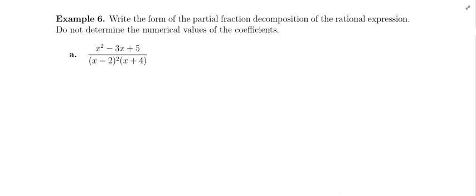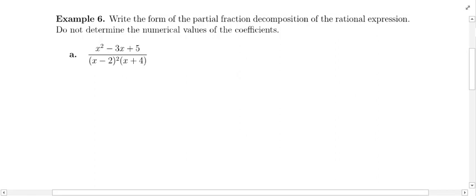In part A, we have x squared minus 3x plus 5 over x minus 2 quantity squared times x plus 4. First thing we need to do is look at the degree of the top and compare it to the degree of the bottom. The numerator is degree 2, and the bottom is x minus 2 squared, so it's being multiplied by itself, and then we have to multiply that by x plus 4.